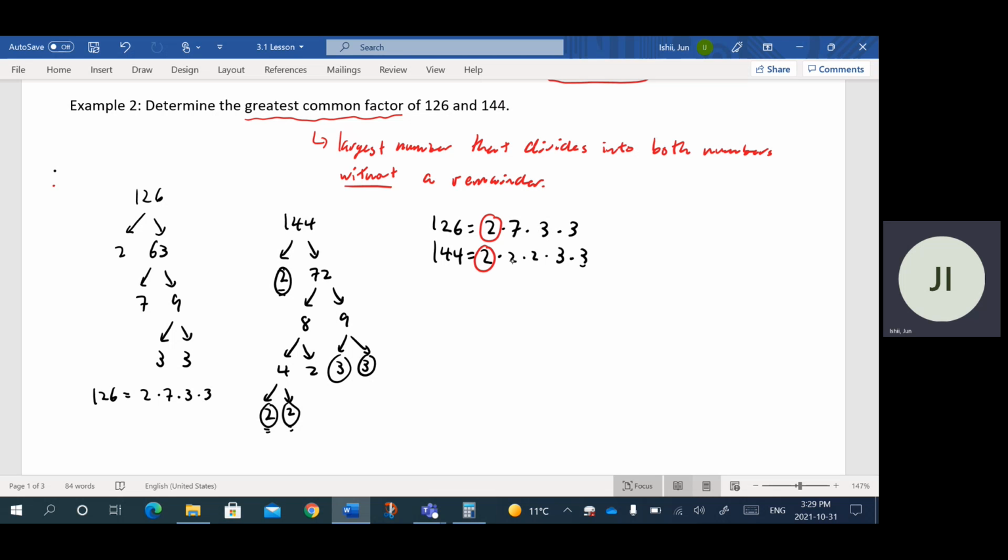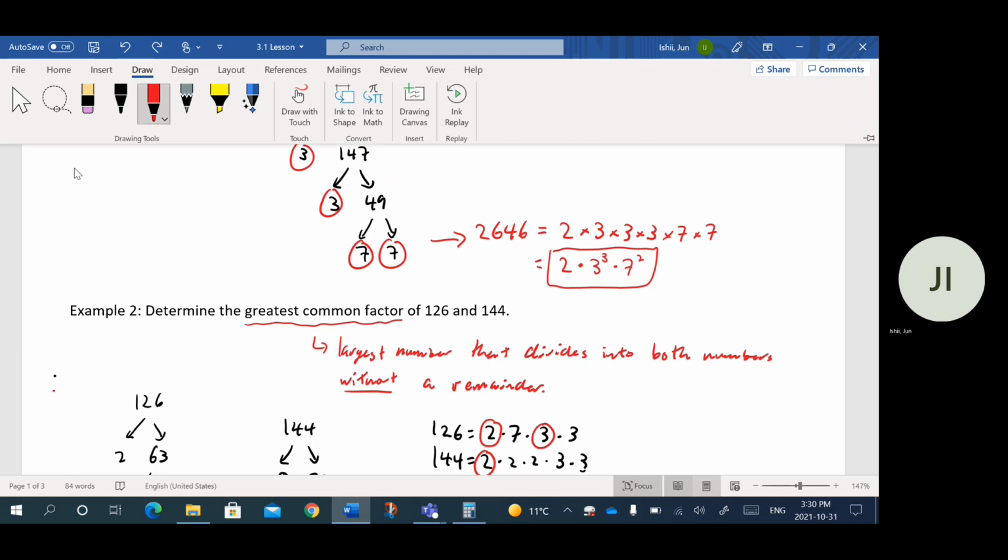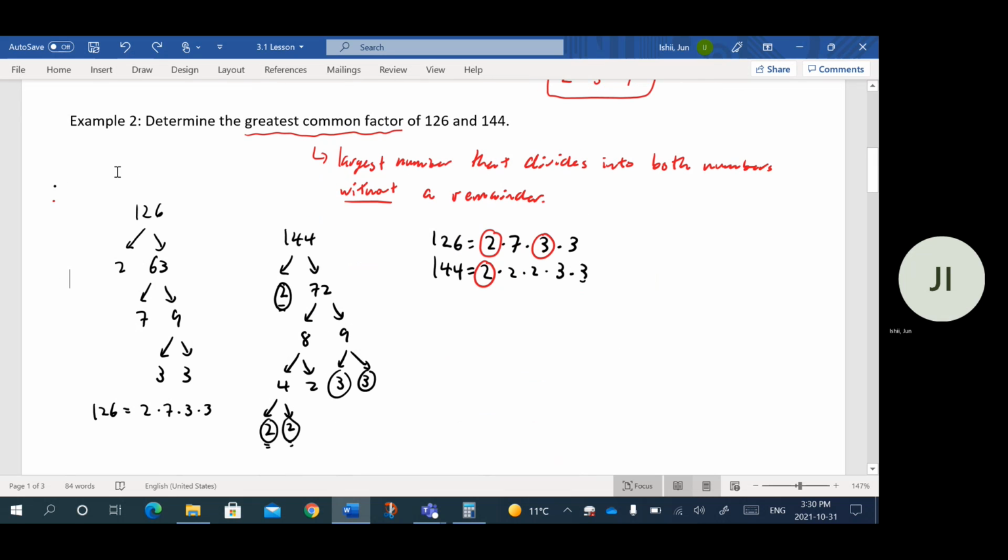There's no more 2s up here, so these 2s I'm not going to circle. However, I got a 3 here and a 3 here. So again, I'm matching this 3 with this 3, as well as this 3 with this 3. All right, so again, it's got to be a 1 for 1 match.